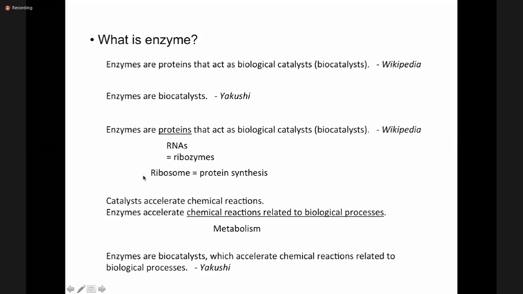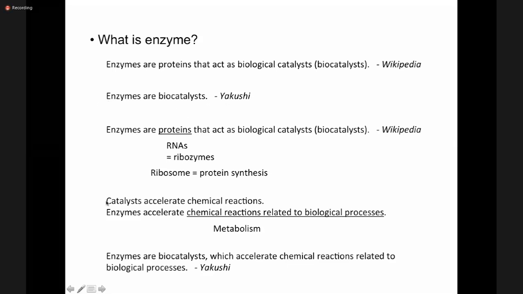You know, the ribosome is very important in our body because it's the site of protein synthesis, a very important enzyme. So the catalyst of the ribosome is RNA. Therefore, we should include RNA in enzymes. Okay, and yes, enzymes are biocatalysts.